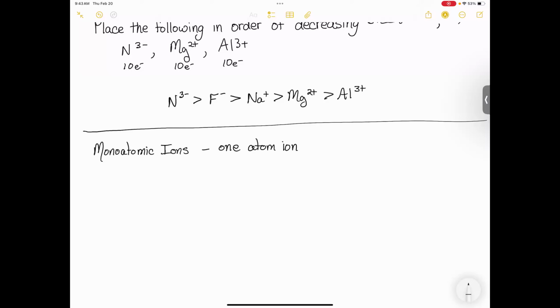There are three categories of monoatomic ions. The first category of monoatomic ions are going to be cations of elements that always form the same charge.